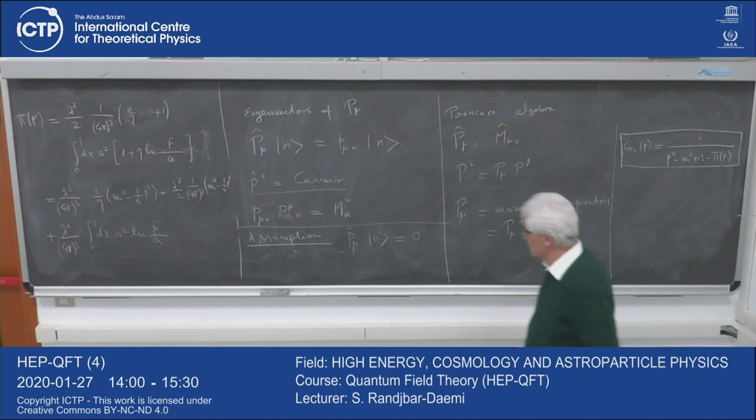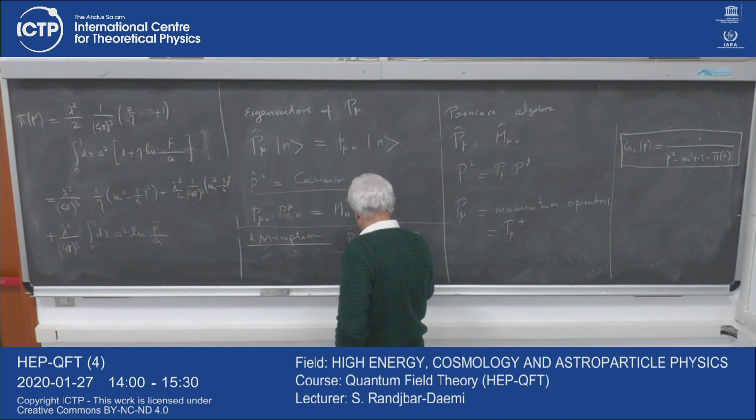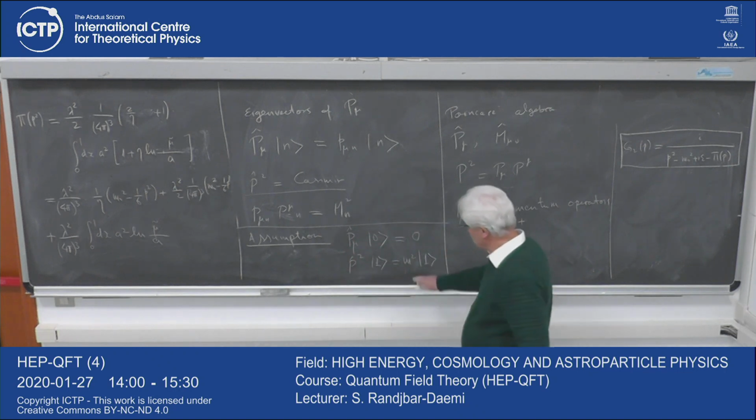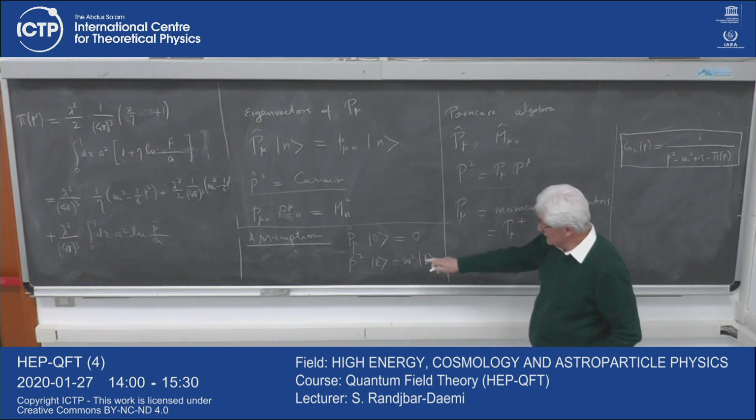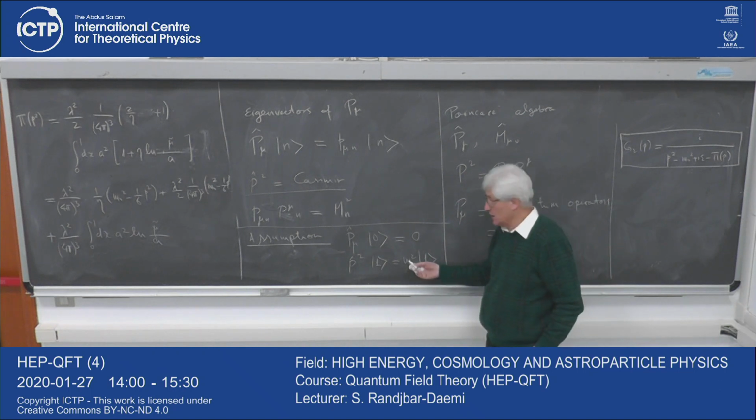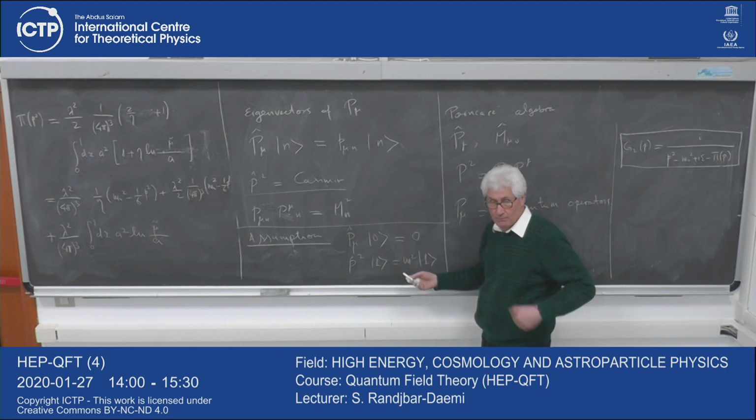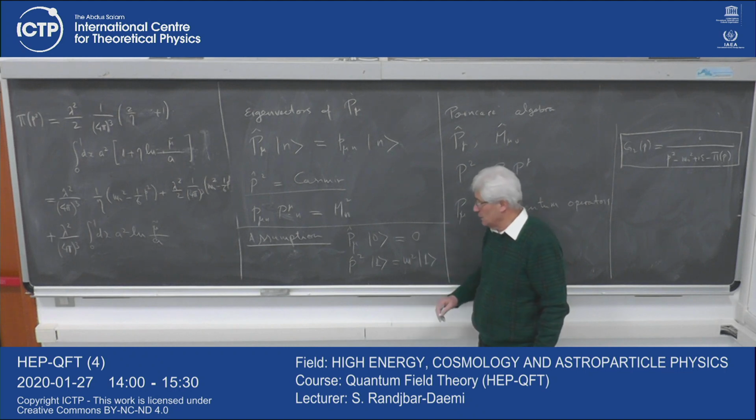And then there is a one particle state on which p squared acts and gives m squared times that one particle state. What's m squared? m squared is the lowest eigenvalue above zero. It could be zero itself in the case of massless particles. But for massive particles, it is the lowest eigenvalue above zero.